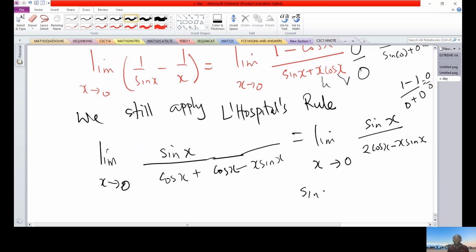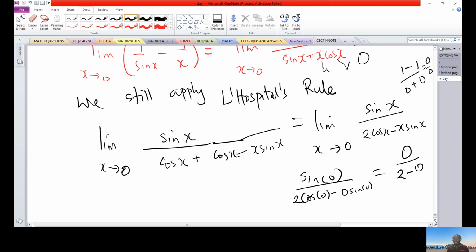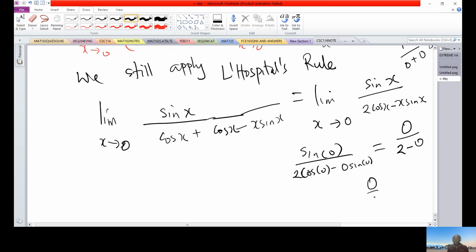So we'll have sine of 0 over 2 cos of 0 minus 0 times sine of 0. Sine 0 is 0. Cos of 0 is 1. 1 times 2 is 2. 0 times sine of 0 is 0. So this gives us a good number because we'll have 0 over 2, which is defined as 0.